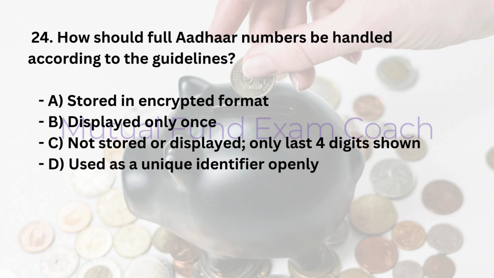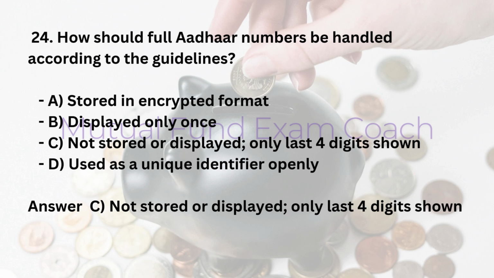How should full Aadhaar numbers be handled according to the guidelines? A. Stored in encrypted format. B. Displayed only once. C. Not stored or displayed, only last 4 digits shown. D. Used as a unique identifier openly. Answer C. Not stored or displayed, only last 4 digits shown.